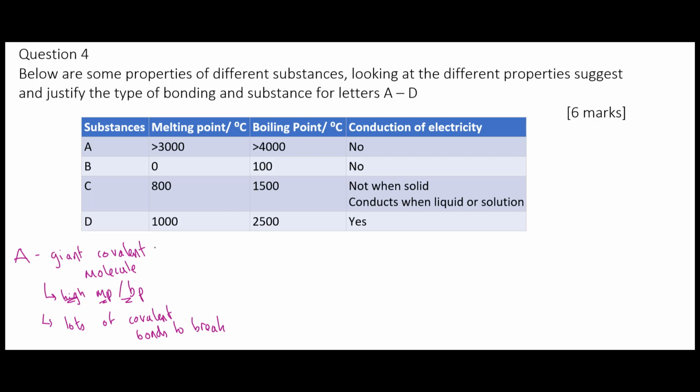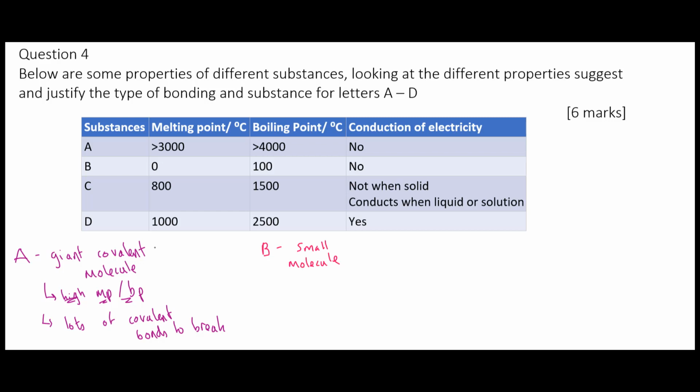Okay, what about substance B then? I'll change the colour of my pen. Let's have a look at substance B. Well, looking at substance B, we can predict that this is probably a small molecule.